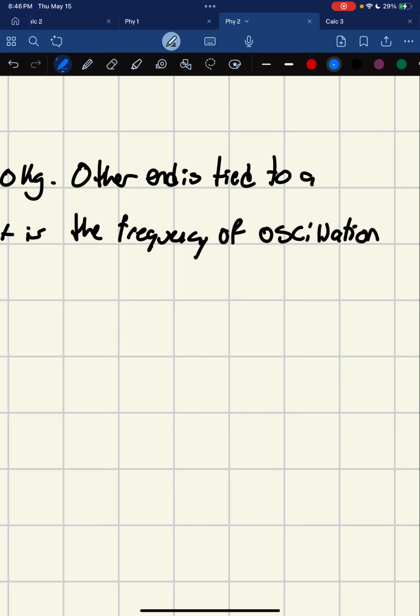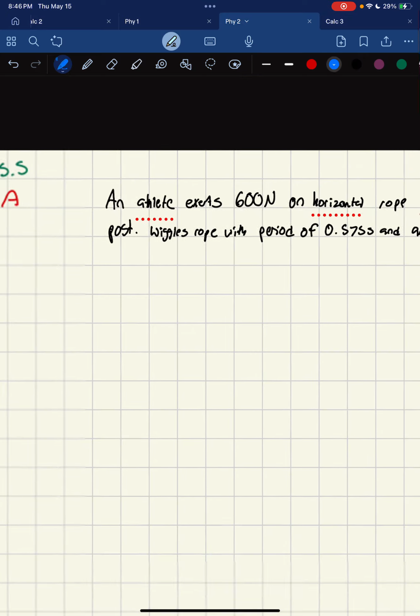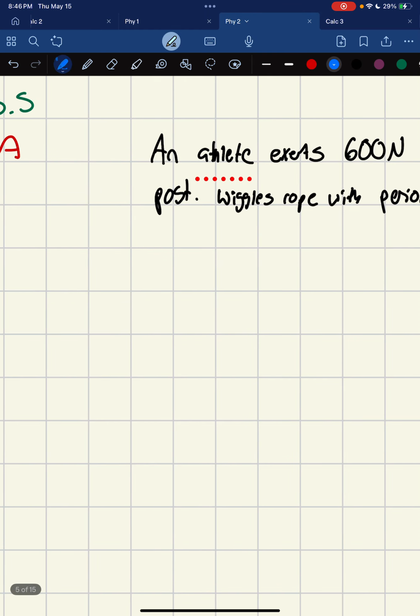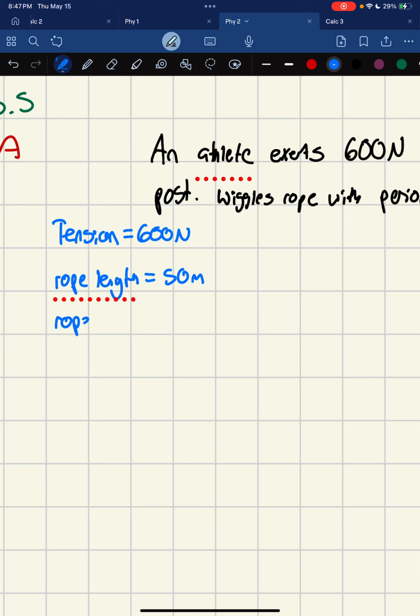Okay, so what I'm given in this problem is the tension, 600 newtons. I'm given the horizontal rope length of 50 meters, and a rope mass of 2.50 kilograms.